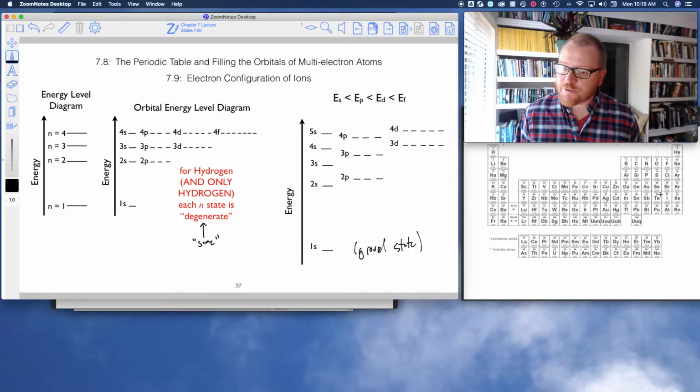After 4f, we go to 5d, then 6p, then 7s, then 5f, and then finally 6d.